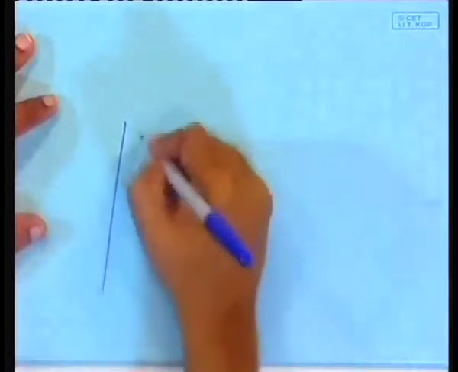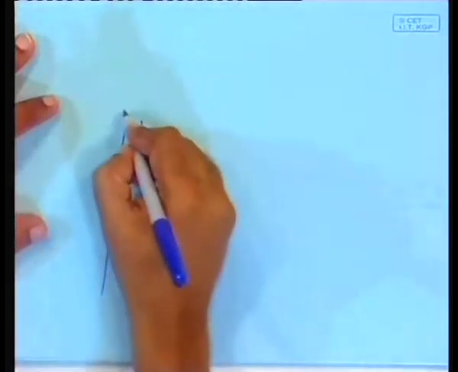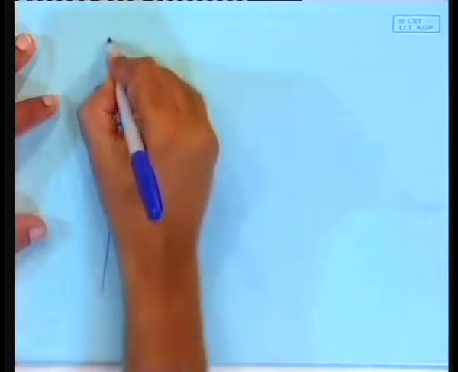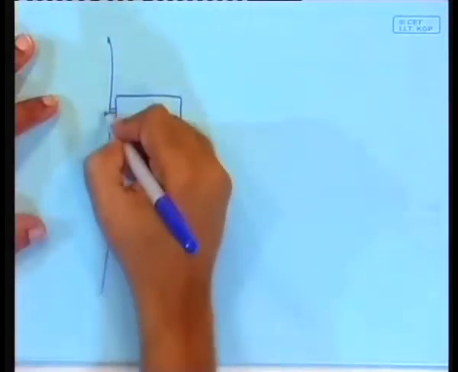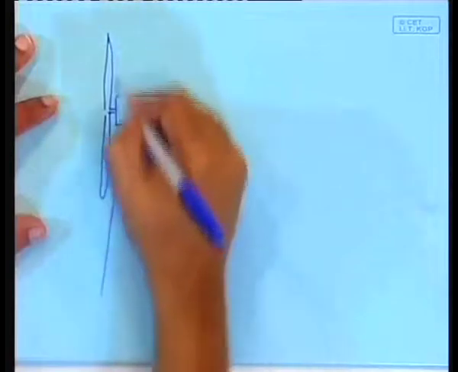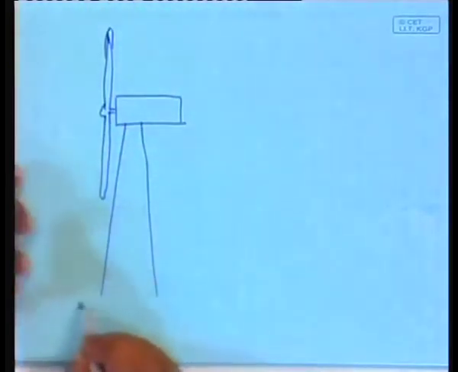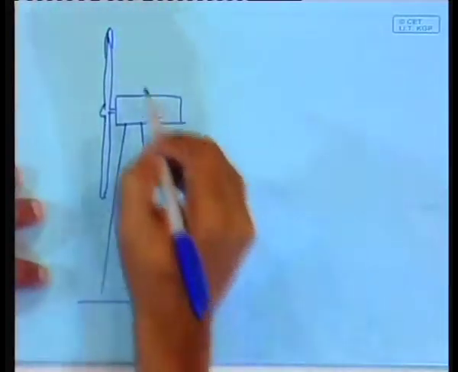But there is another issue related to the yaw control. Suppose a wind turbine is situated like this, and the wind is coming this way.